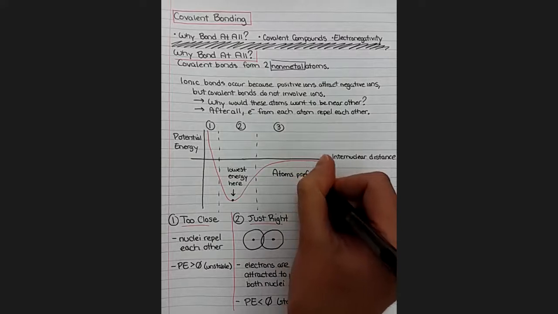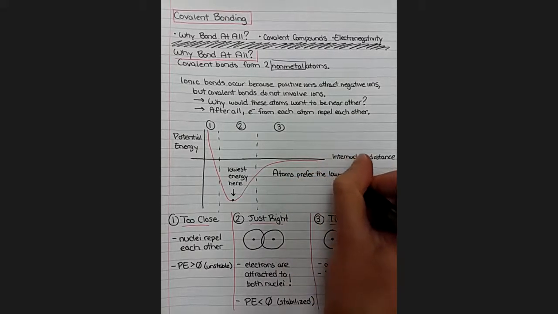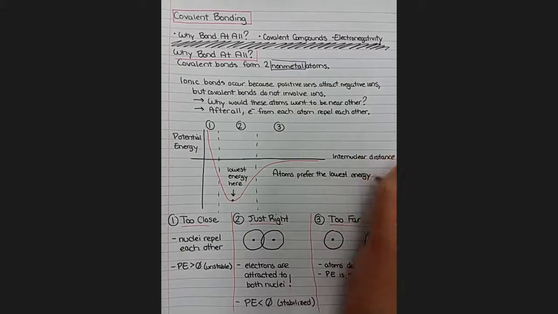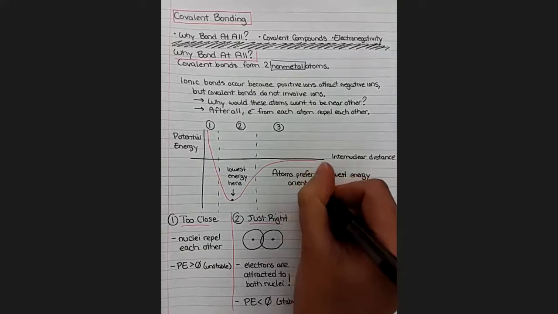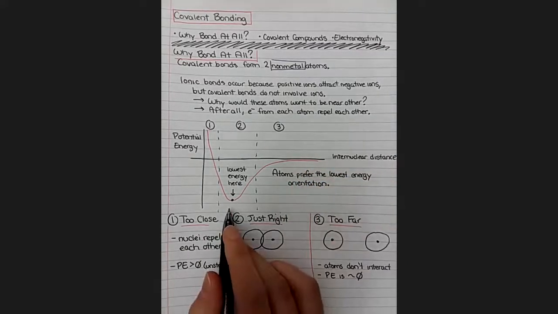So let's add a few more notes to our picture. Atoms prefer the lowest energy orientation. And so that's why we choose region 2 to be the just right region, because that's the one with the lowest energy.